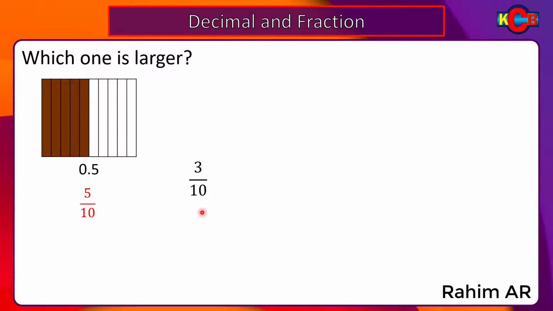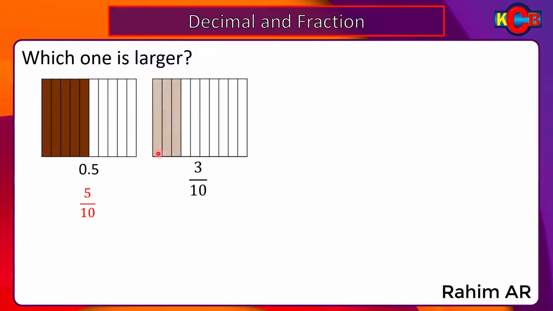Here, 3 tenths is a fraction. Then we can just shade 3 equal parts out of 10. Now, we can see that 0.5 is larger than 3 tenths.